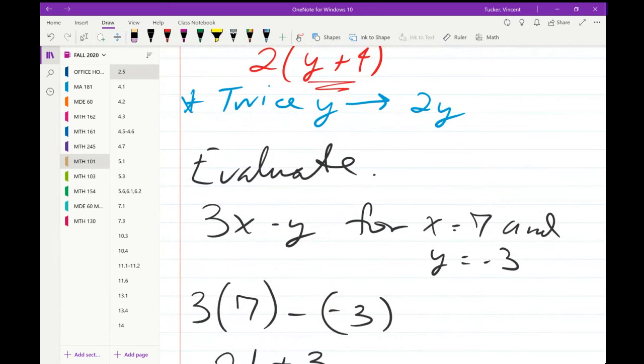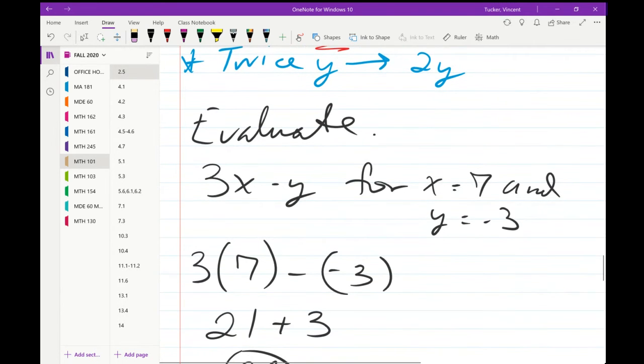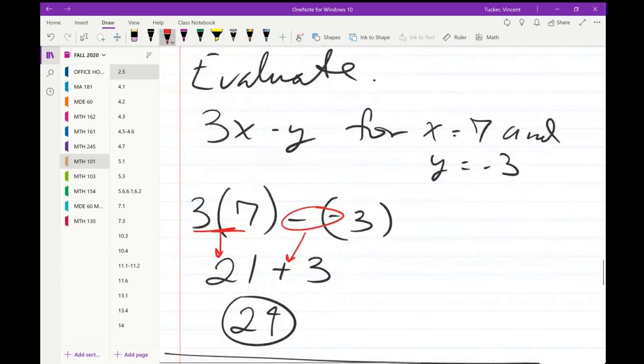So that's what I did here. That was 3x, so that's 3 times 7, minus y, so it'd be minus negative 3. All right. So 3 times 7 gives us 21. Negative to negative turns positive. And then adding those together will give us 24.